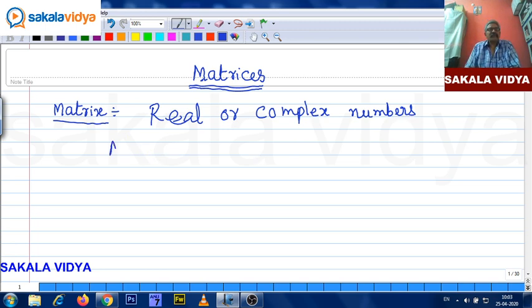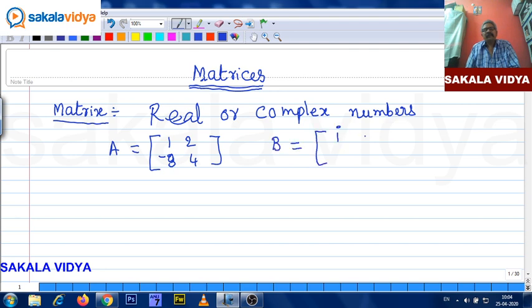For example, say A is equal to 1, 2, minus 3 and 4, and matrix B is i, 2 plus i, 3, minus i, 2, minus 1 and minus i.